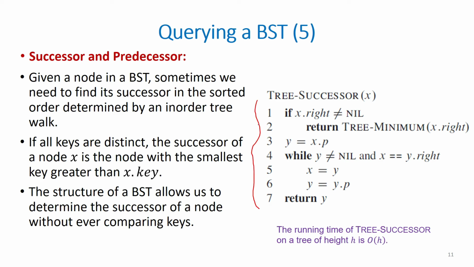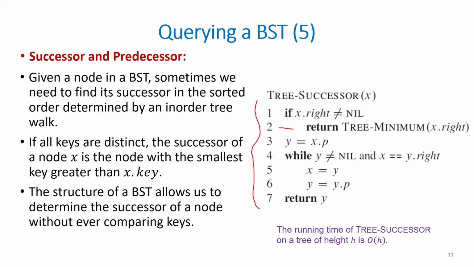The tree successor procedure can be broken down into two cases. In the first case, if the right subtree of node X is non-empty, then the successor of X is the leftmost node in X's right subtree. This is found by the tree minimum procedure given in line 2.